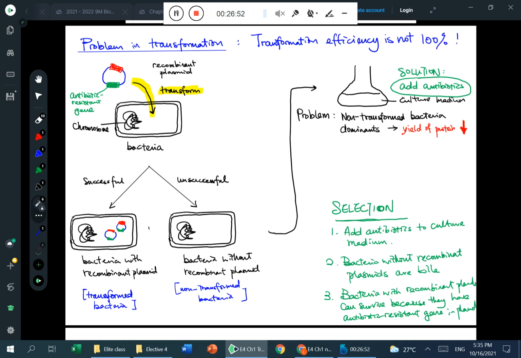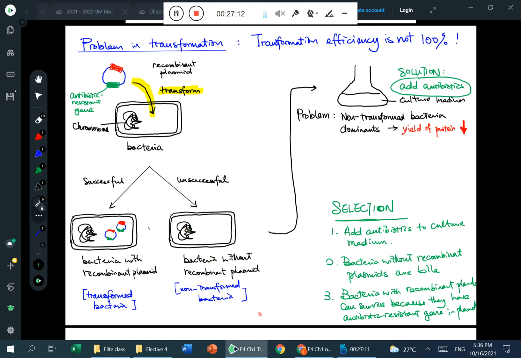The rationale is that we need to find a way to tell the difference between these two. Okay? In this story, not only do we tell the difference, but we kill them. Alright? But there are other ways.